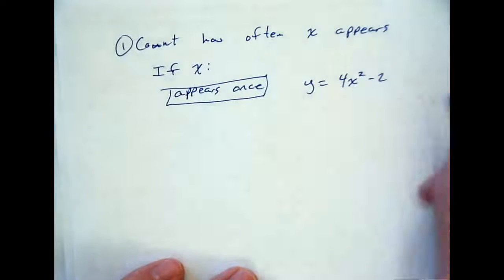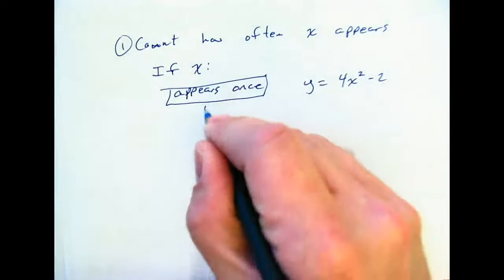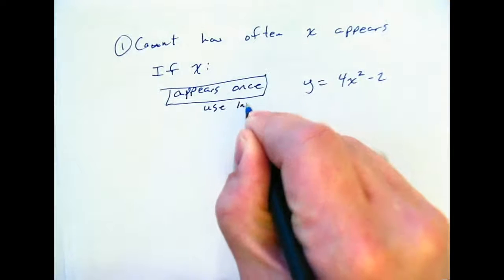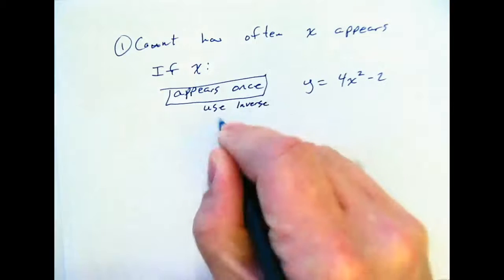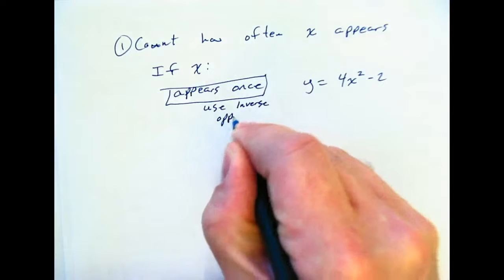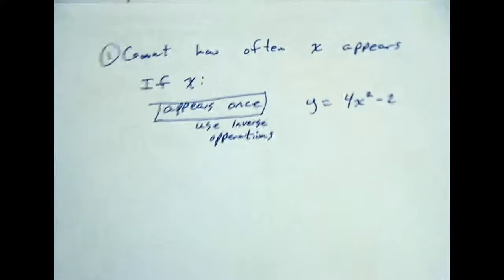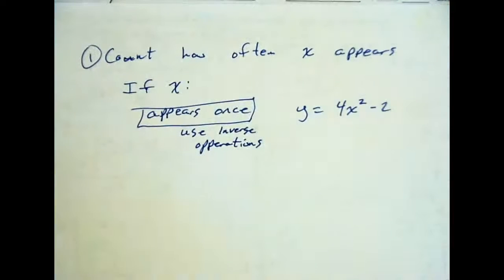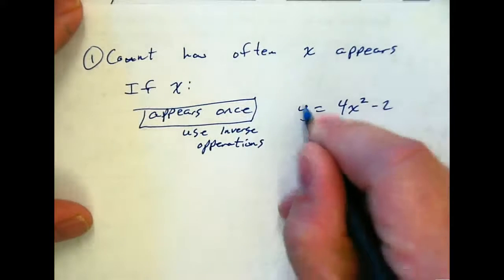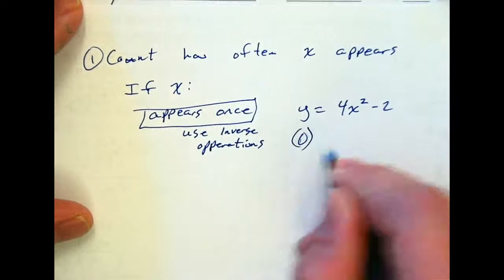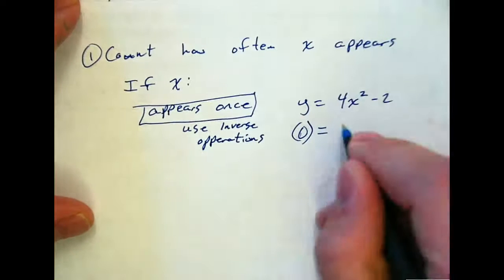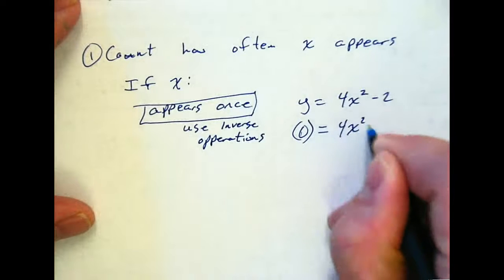Okay? You use inverse operations. Now those of you that struggle, you're like, okay, inverse operations, I've heard it, I can't quite remember. Remember, that just means after you set y equal to 0, because you're looking for an x-intercept, so y always becomes 0, you just do opposites.